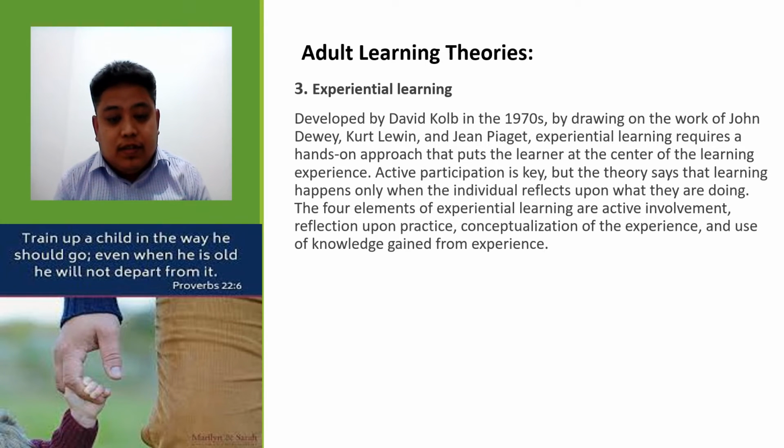Active participation is key, but the theory says that learning happens only when the individual reflects upon what they are doing. The four elements of experiential learning are active involvement, reflection upon practice, conceptualization of the experience, and use of knowledge gained from experience.